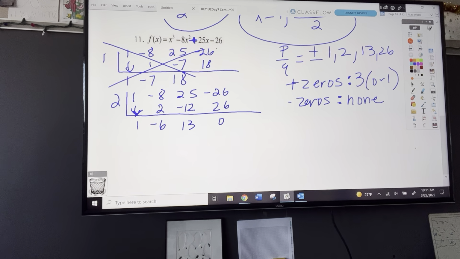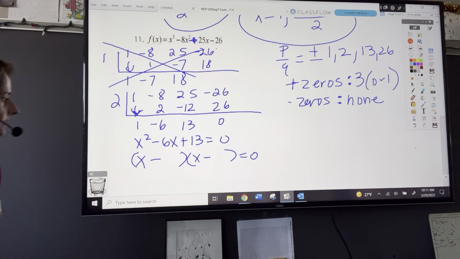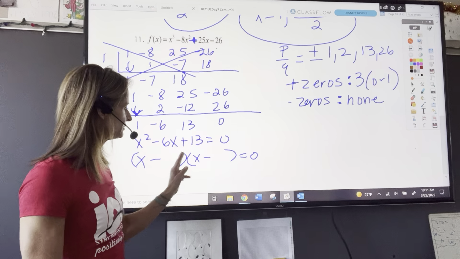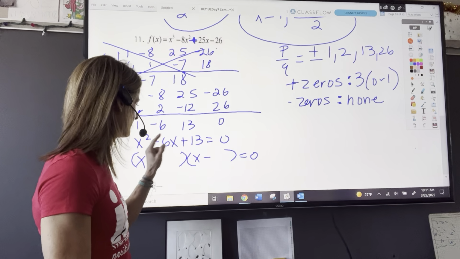It went in evenly. Perfect. Okay, so I'm going to write this as a trinomial and try to factor it. This is a minus, minus, because we need these two numbers to multiply to get 13, and when we add, we have to get negative 6.